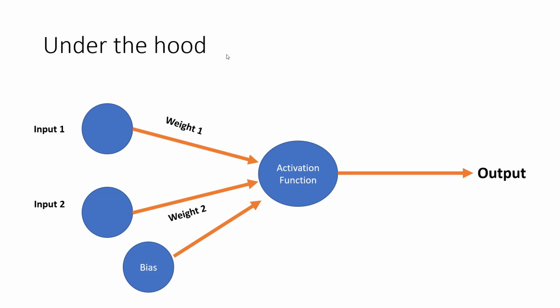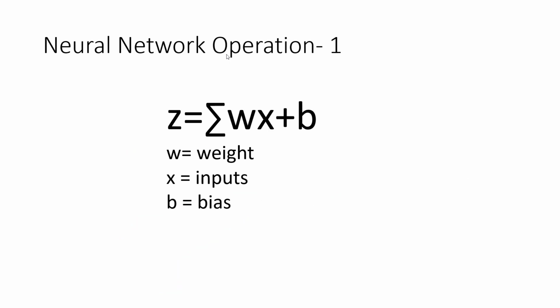I will talk about the activation function later, but for now, this is the formula which you need to see. Here we are calculating Z, where we are adding Wx and B. W stands for weight, X stands for inputs. So we are taking the product of weight and inputs and then adding bias.